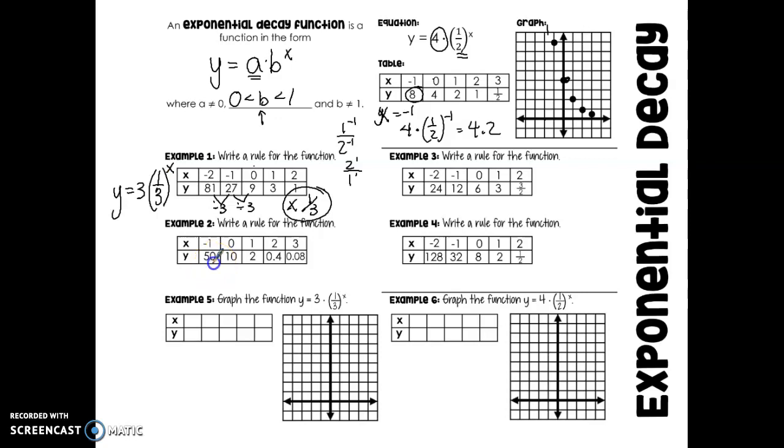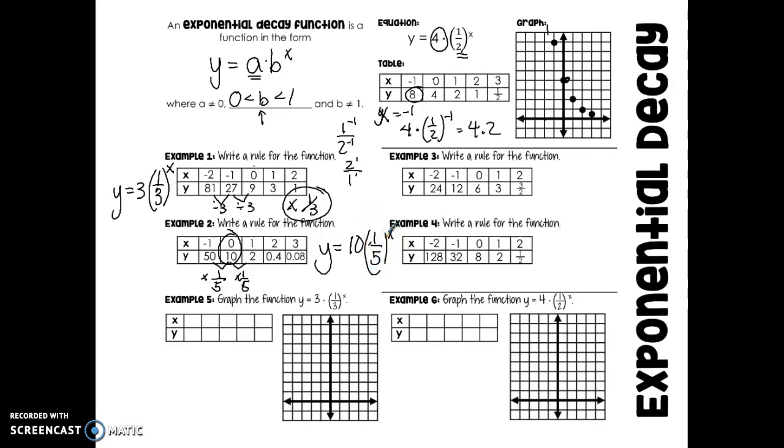One more example. If you look, I'm dividing by 5 every time. That is the same as multiplying by 1/5. That's my b. So then I can write my new equation. y equals 10, there's my a, times 1/5 to the power of x.